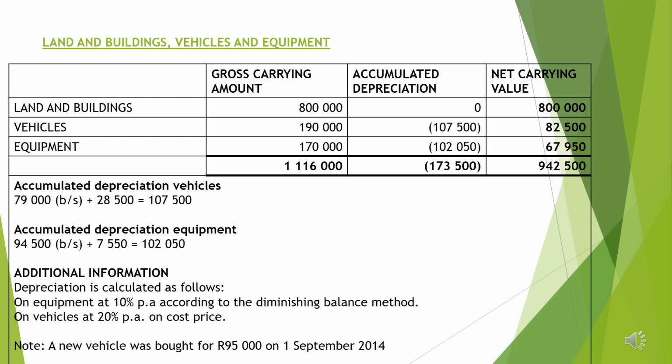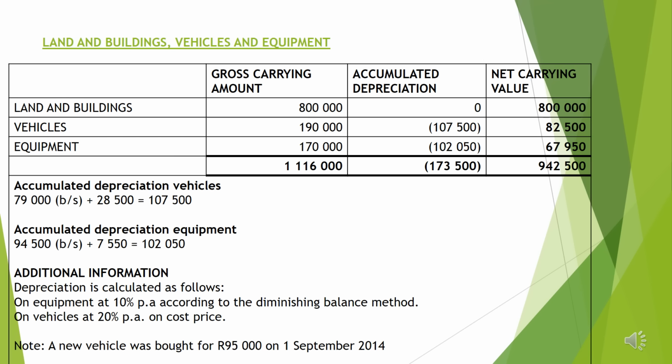There were no movements, no additions or disposals. Then for additions, nothing. For disposal, nothing. For depreciation, nothing. Which will give us the net carrying value that is the same from the beginning until the end.